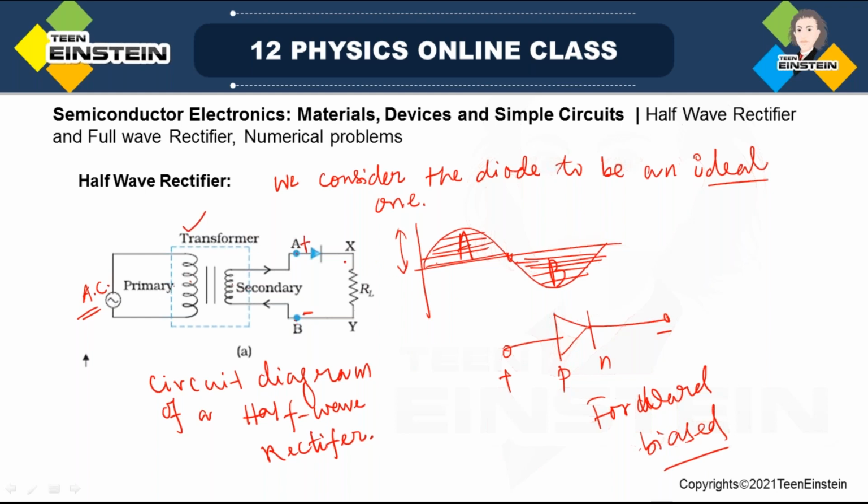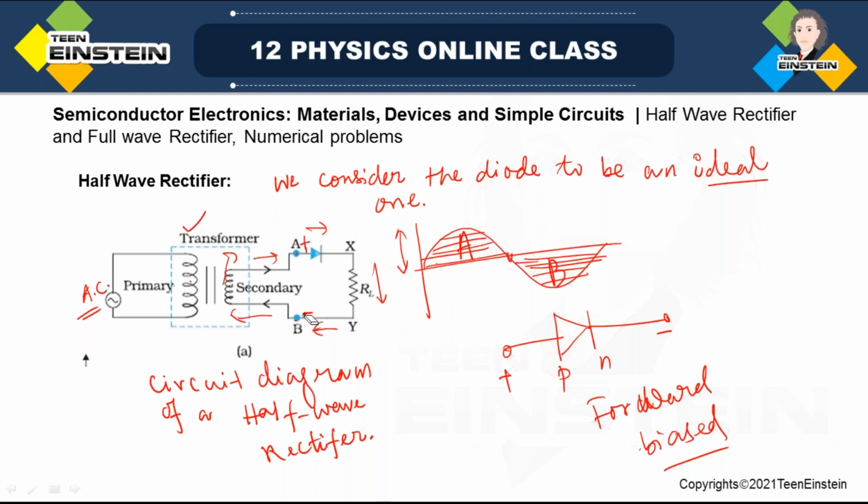And when it is forward biased, there will be current flowing through the diode all the way through this load resistor, and this is how the circuit will make a complete flow. See, current will flow in this way, come all the way here, and then it goes like this. Okay, this is how it will flow. So it is fine when it is forward bias.